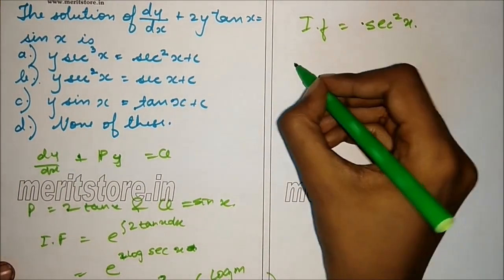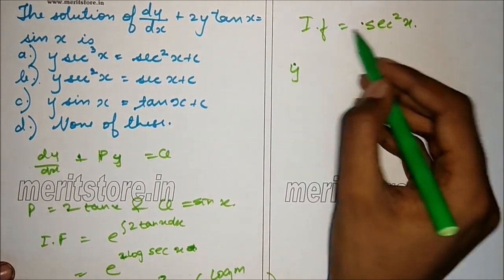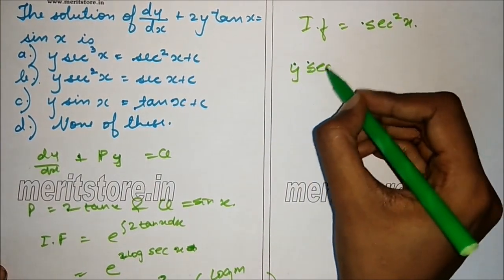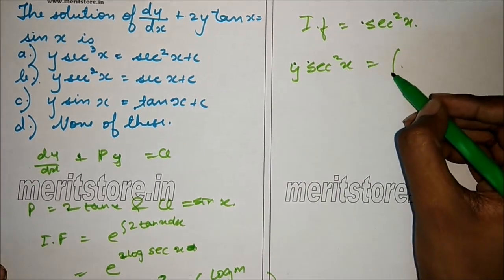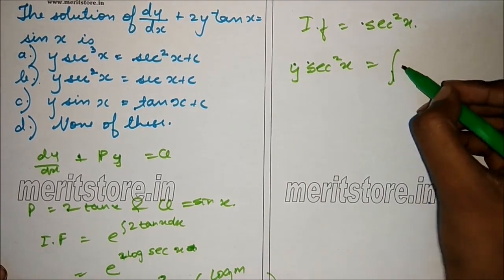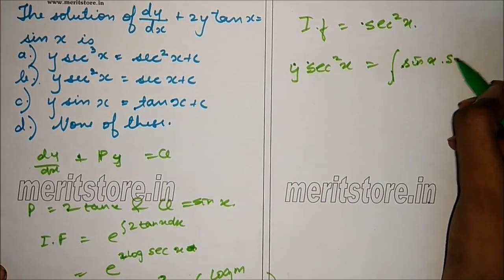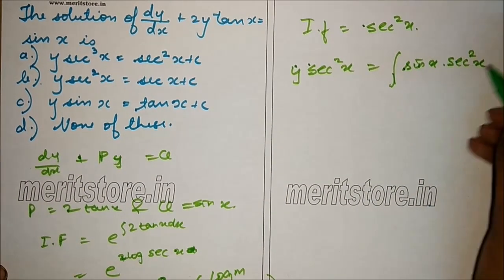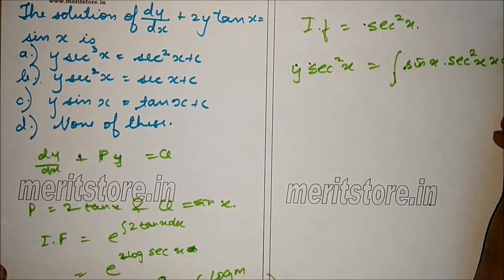So the solution is y into the integrating factor, that is sec square x, equals integration of q, that is sin x, into the integrating factor, dx plus c.